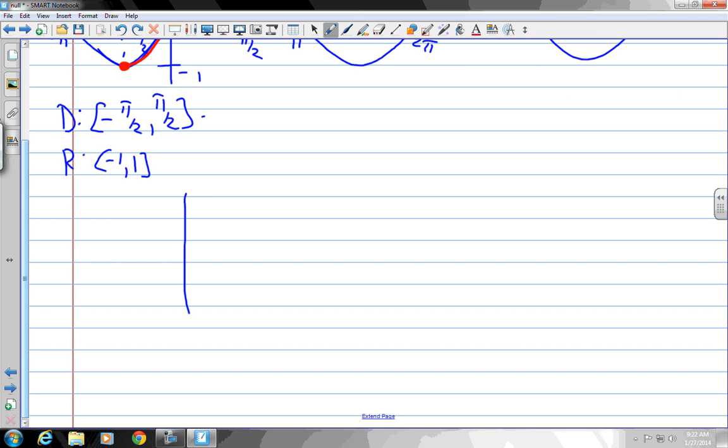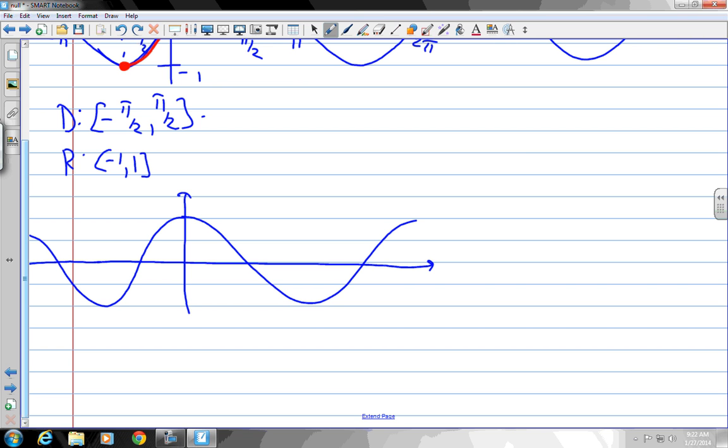There'll be another function that we'll look at. We're going to have this guy right here, which is very similar to what I just drew, only kind of shifted. And the important points will be things like pi over 2, pi, 3 pi over 2, 2 pi, -pi over 2, things like that.